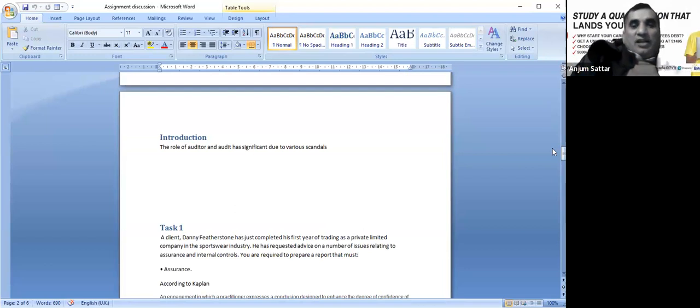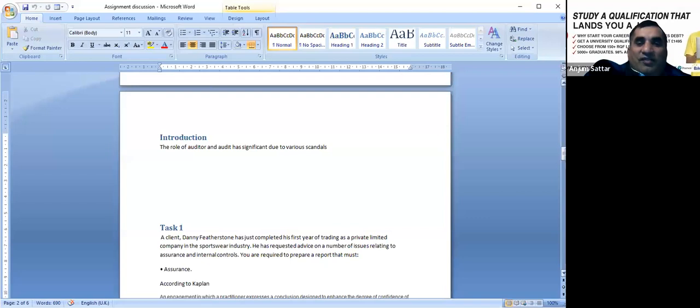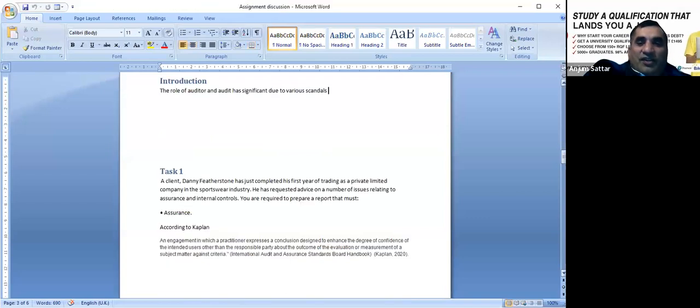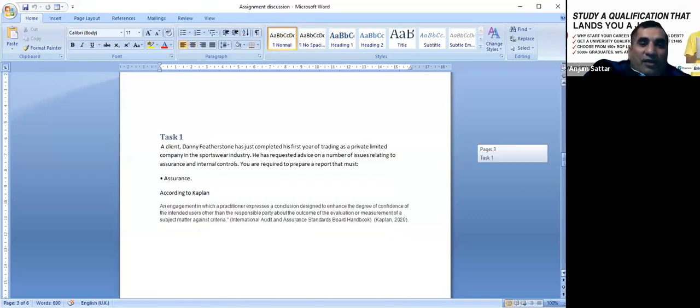That's why we have a lot of new standards arriving, like the recent IFRS 16 about leases, and various other standards in audit as well. This is to reduce risk and increase the trust of users that the information in financial statements is correct, true and fair.